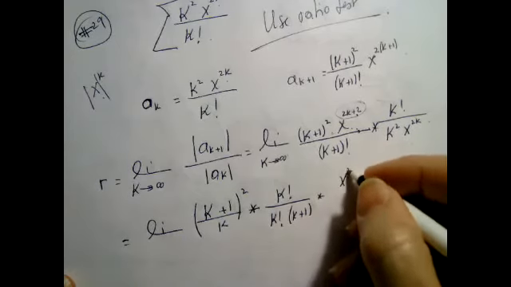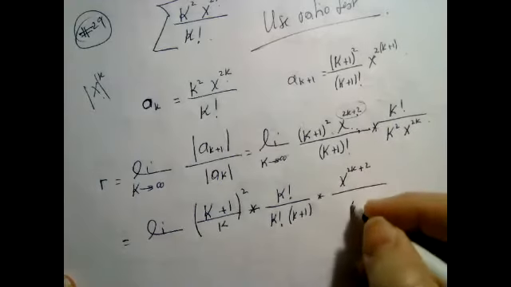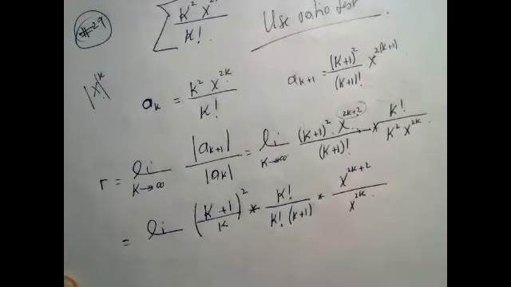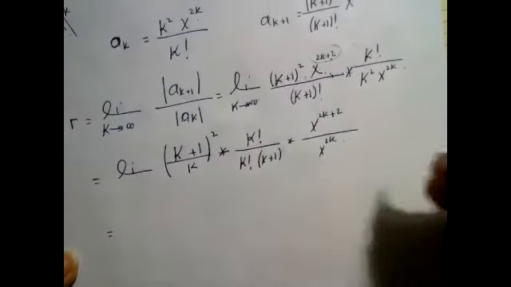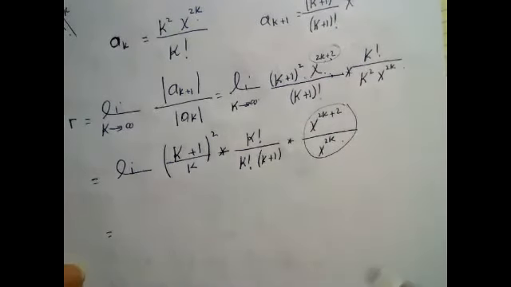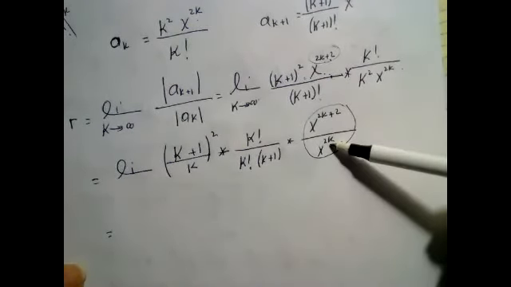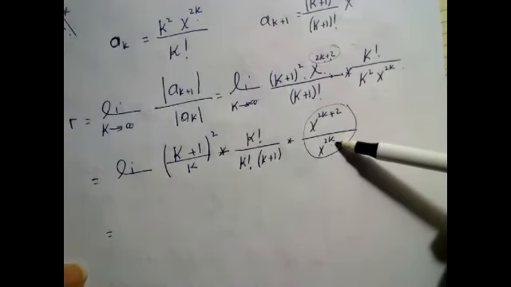And finally, I have x to the 2k plus 2 over x to the 2k. Okay, so the last step is really to simplify that expression. Now, x to the 2k plus 2 over x to the 2k will give me x squared because it's 2k plus 2 minus 2k.